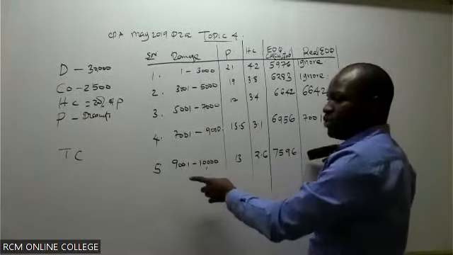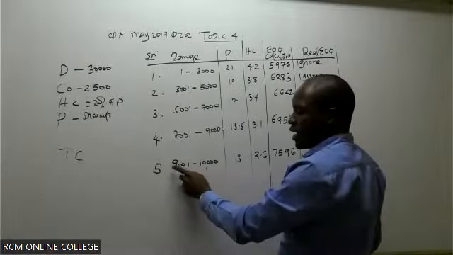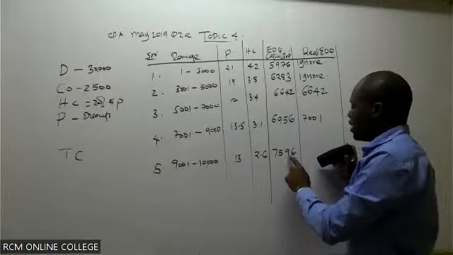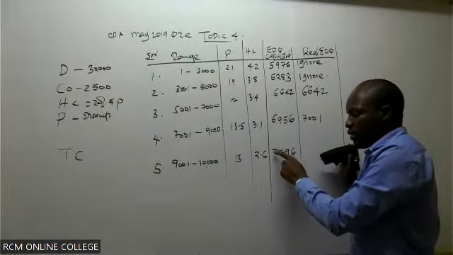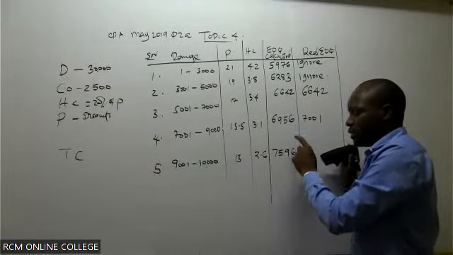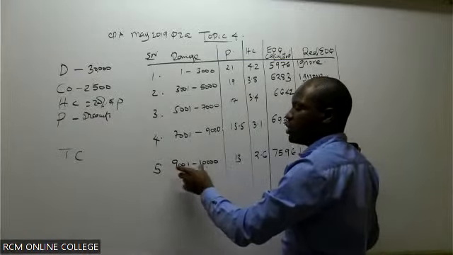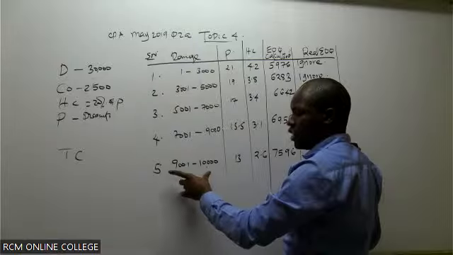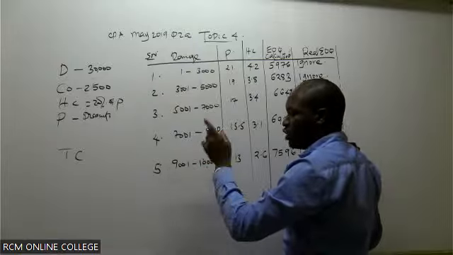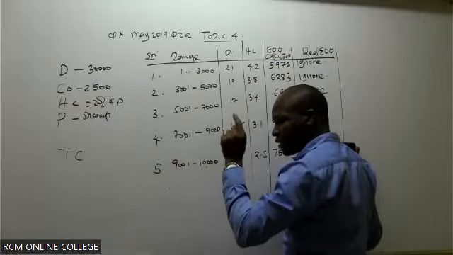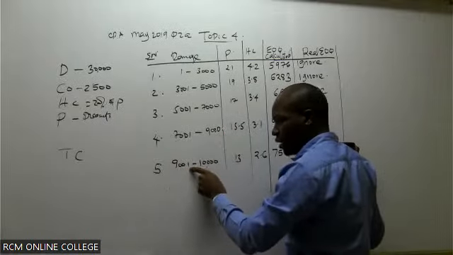Now, if I come to this range, it is 9,001 to 10,000. My calculated economic order quantity is 7,596. It is below this 9,001. It is below this range. But for me to be able to purchase these goods at 13 shillings, I must order at least 9,001.